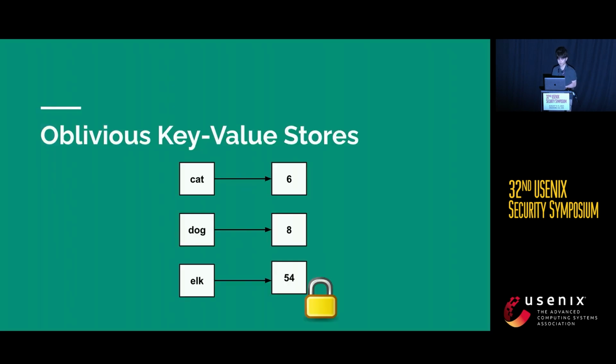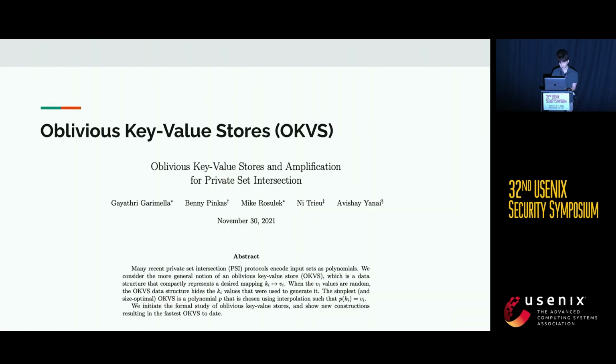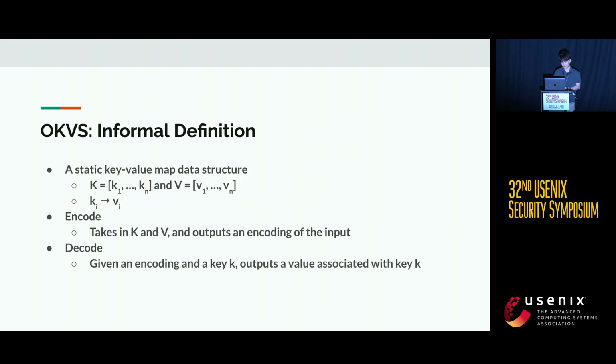So what are Oblivious key value stores? Oblivious key value stores, or OKVS for short, were first introduced by Garimella et al., and are essentially a static key value map data structure. It has 2 algorithms associated with it, encode and decode, where encode takes in key set K and value set V, and outputs an encoding of this input.